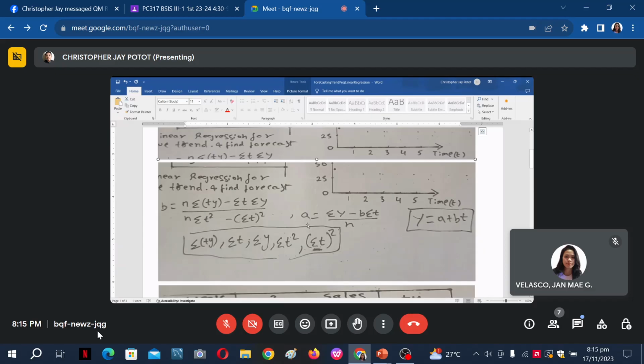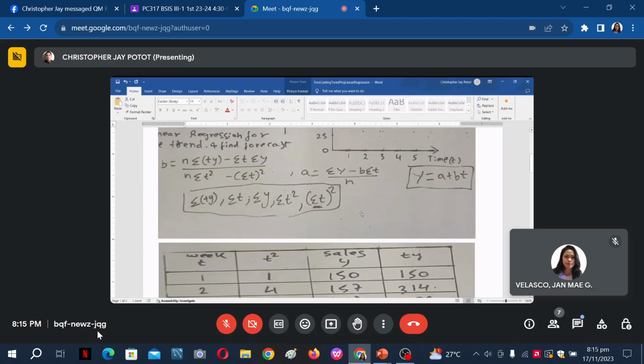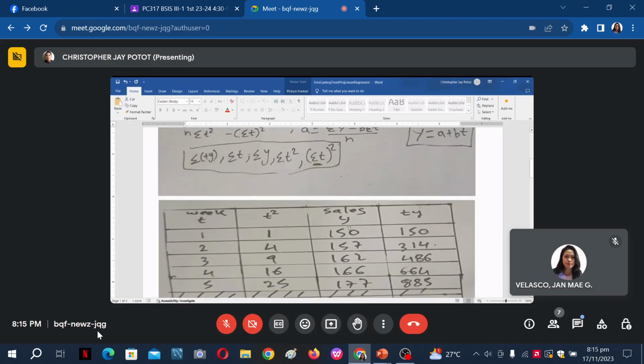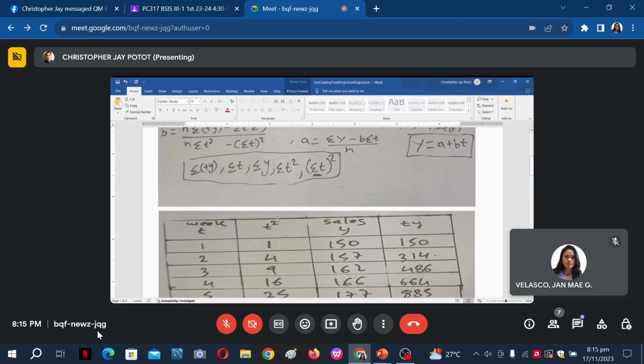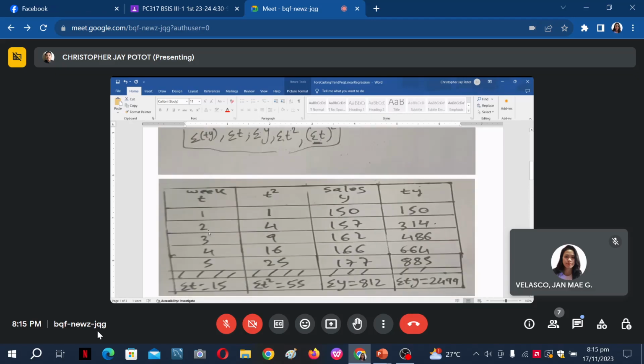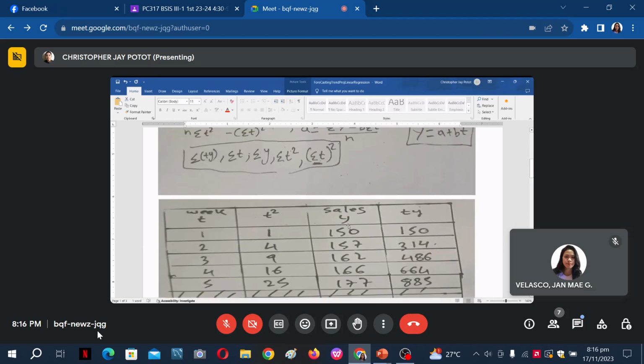To have this visual, easy to perform, and a guide for what we are doing, we must plot it in a table. This is the example table. Here we have the weeks 1 to 5 and the sales, or the y.